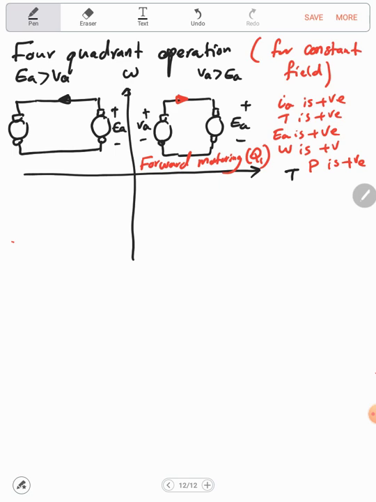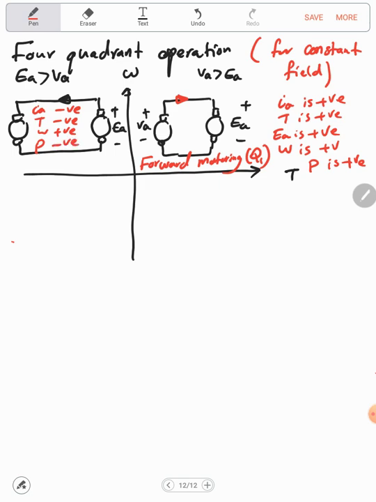So here the current is negative, so IA is minus ve, which means that torque is minus ve. The speed omega is plus ve, so the power will be minus ve.